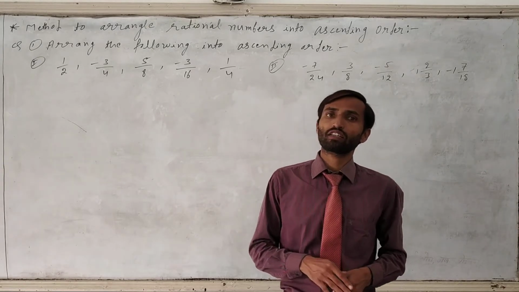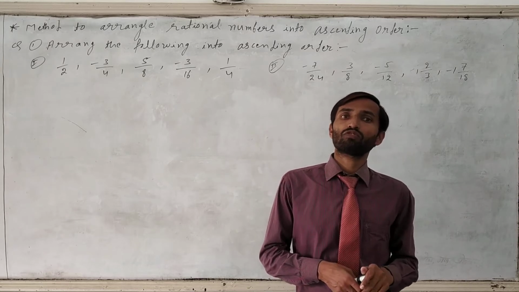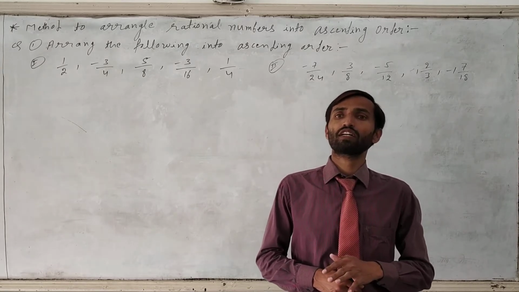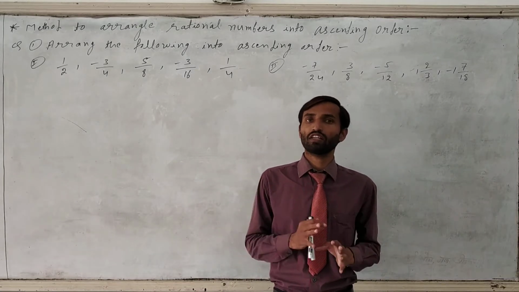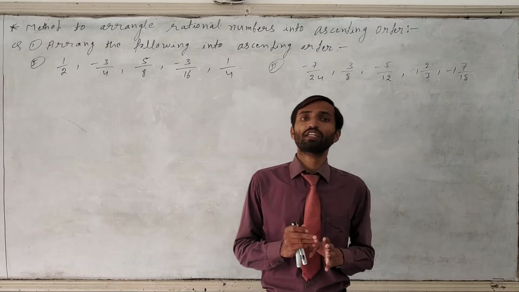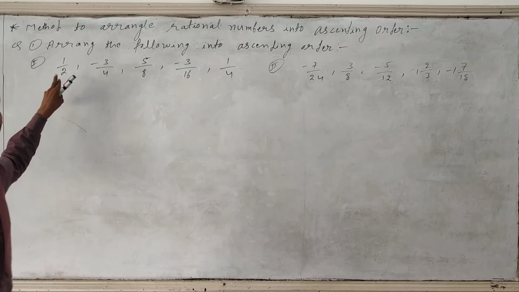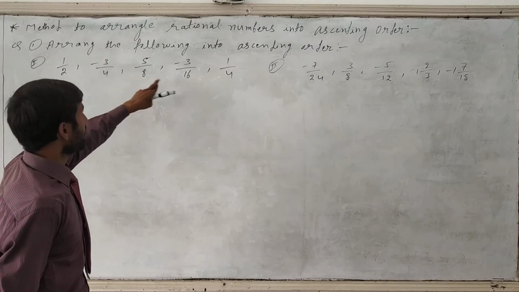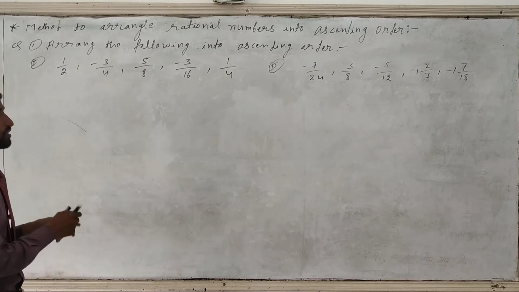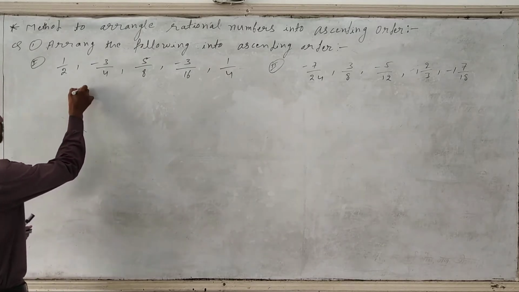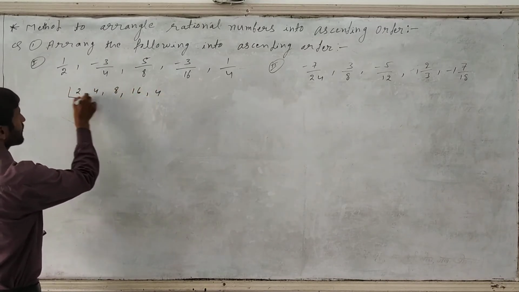To make the denominators the same, we have to take the LCM of the denominators of all the given rational numbers. That means we have to find the LCM of 2, 4, 8, 16, 4, and then make the denominators the same.